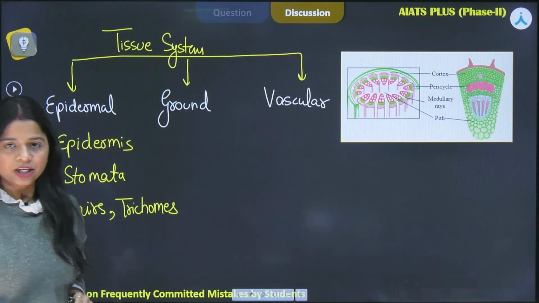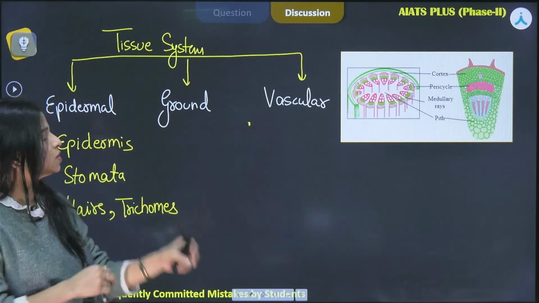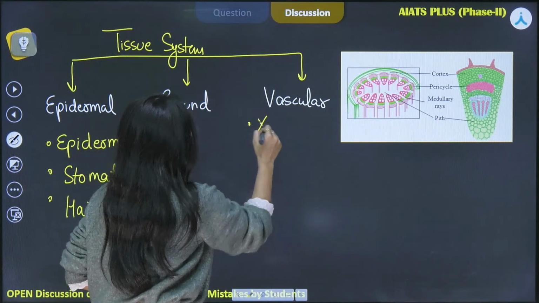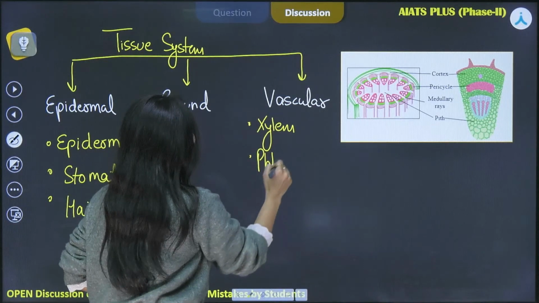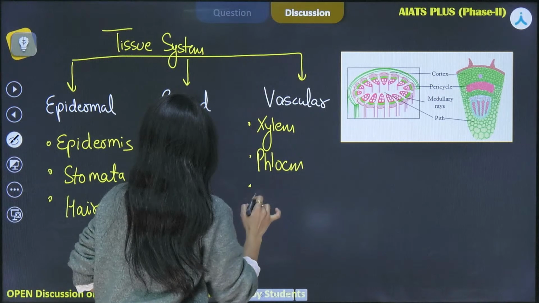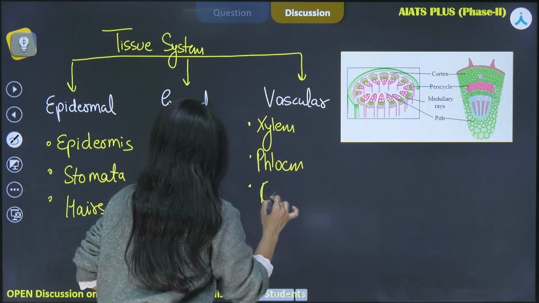Then comes the vascular tissue system, because I'll be discussing the ground tissue system in detail. What are the members? Xylem, phloem. These are our vascular bundles, and we have xylem, phloem, as well as the presence of cambium.